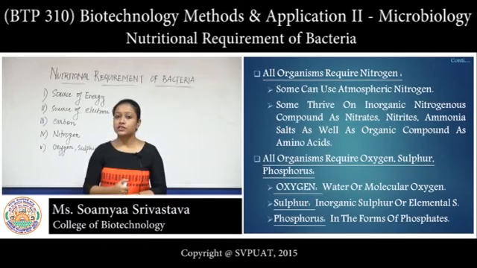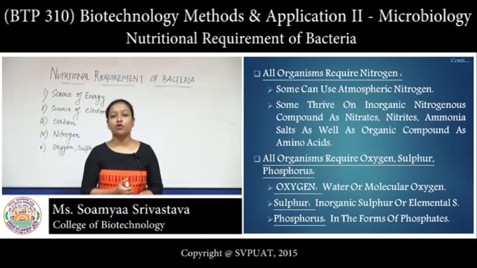Then we have sulfur. Sulfur is actually obtained in the form of elemental sulfur or inorganic sulfur. Then we have phosphorus, which is generally taken in the form of phosphates.